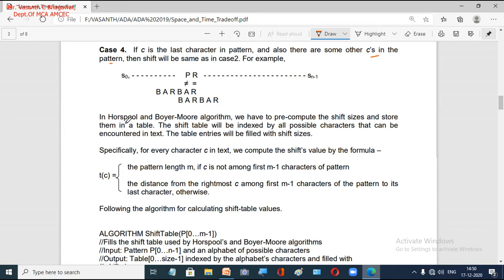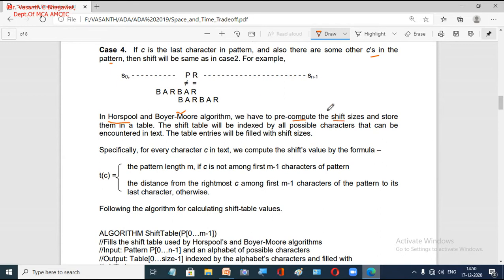In Horspool's algorithm, which is a simplified version of the Boyer-Moore algorithm, in both algorithms we compute a table called a shift table, because you have to shift the pattern towards the right side.